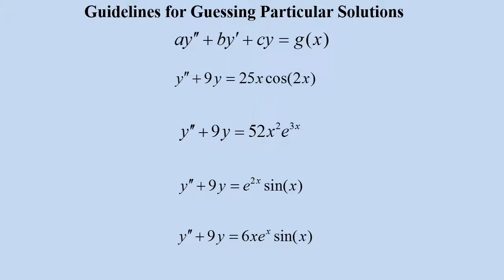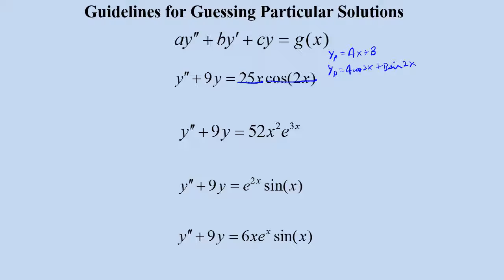Notice in this first one we've got 25x and we've got a cosine of 2x. If the 25x had been all there was as our non-homogeneous component, that would suggest that we use an ax plus b. If the cosine of 2x had been the only non-homogeneous component, we would have used an a cosine 2x and a b sine 2x.